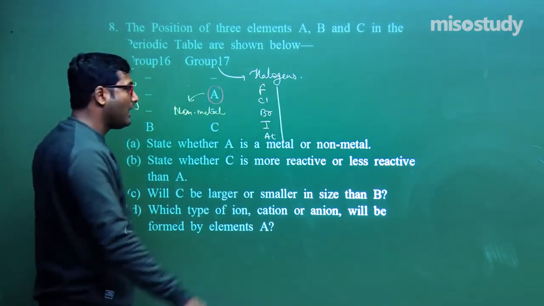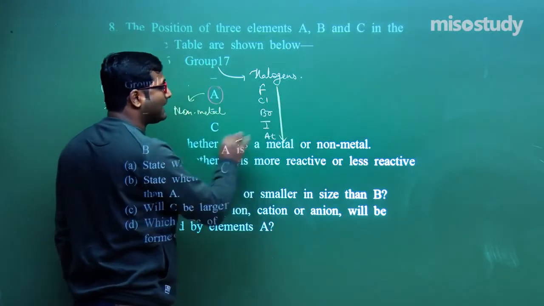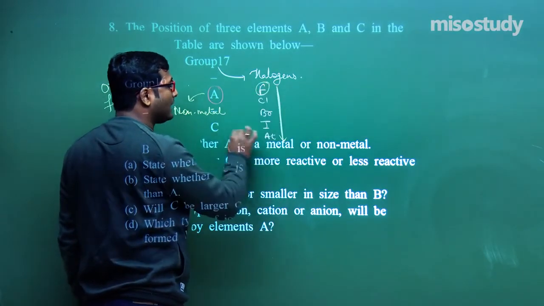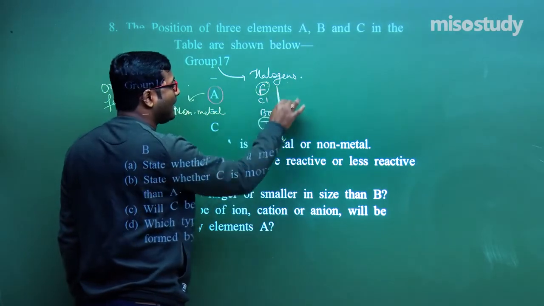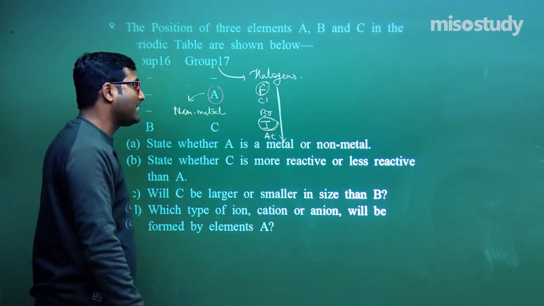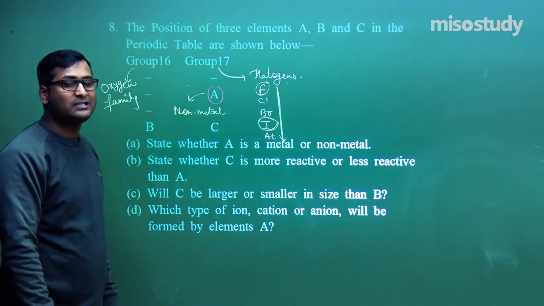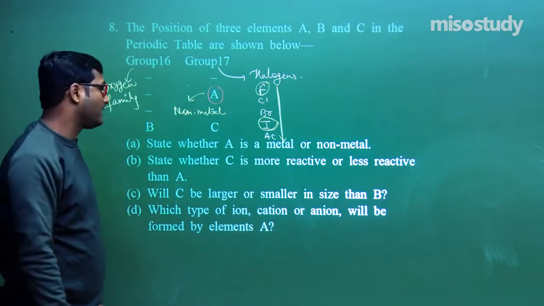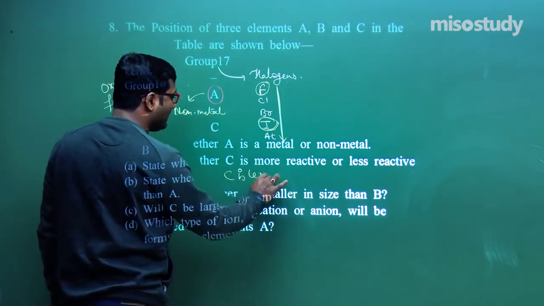As we know, in the case of halogens, when we move down the group, reactivity decreases because fluorine is more electronegative, and iodine is less electronegative. Down the group, electronegativity decreases. In other words, electron gain enthalpy also decreases, that is, the tendency to gain electrons also decreases. Due to this reason, reactivity decreases. So C is less reactive.